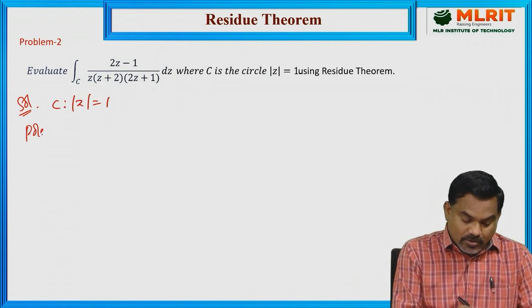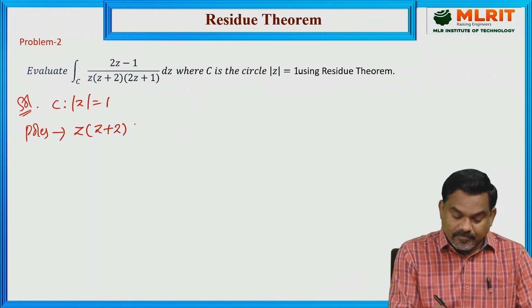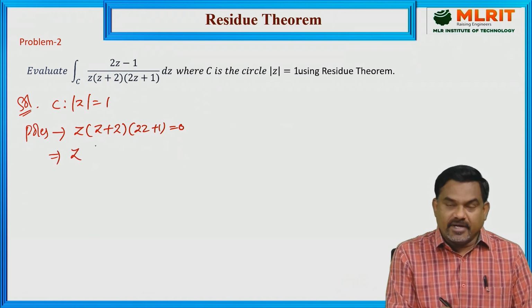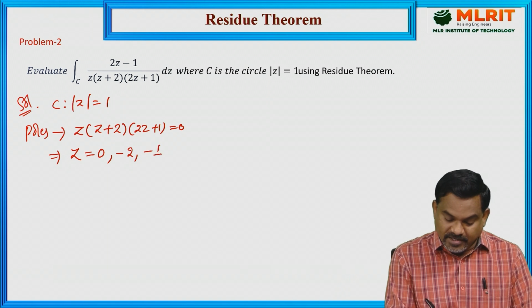Similarly, let us solve another problem where the curve C is mod z equal to 1, and to find the poles, equate the denominator to 0. So z into 2z plus 1 equal to 0. By equating the denominator to 0, we get z equal to 0, minus 2, minus 1 by 2.